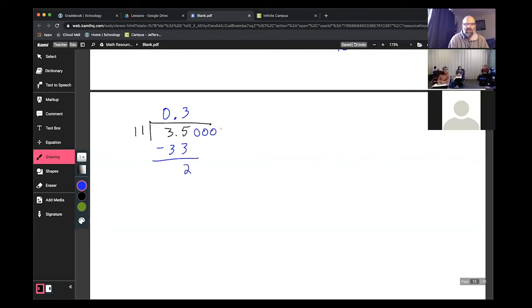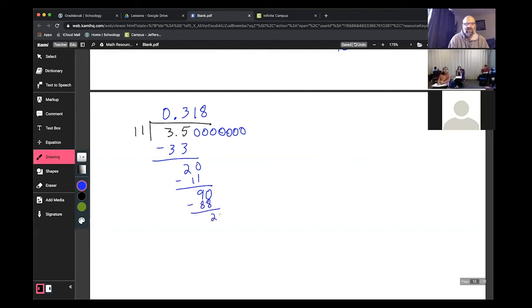I can add as many zeros as I want after a decimal. So I'm going to bring down a 0. 11 goes into 20 just one time. 1 times 11 is 11, subtract. You get 9, bring down another 0. 11 goes into 90, let's see, multiples of 11 are double digits, so it's 88, that's 8 times. 8 times 11 is 88.